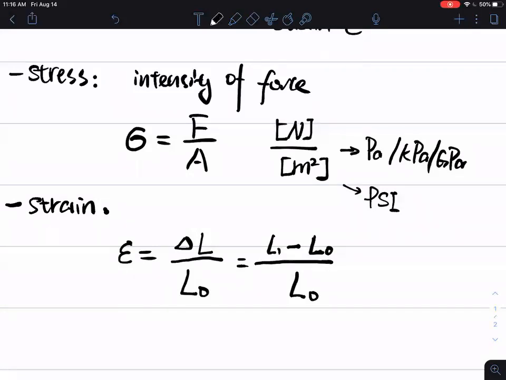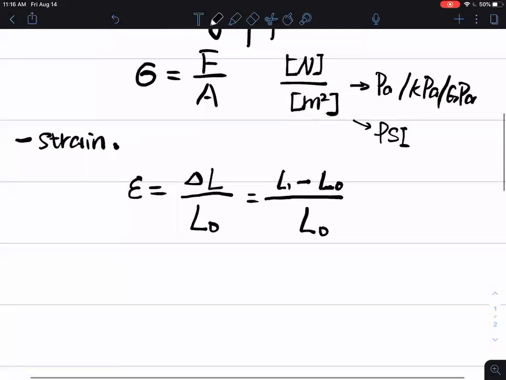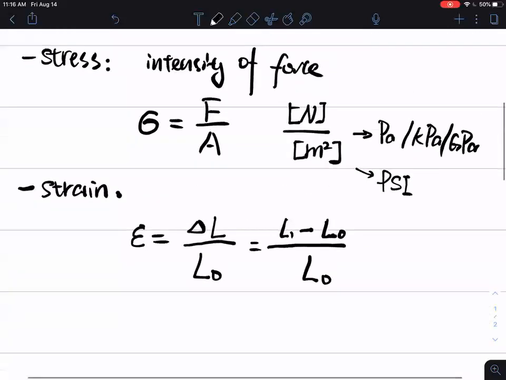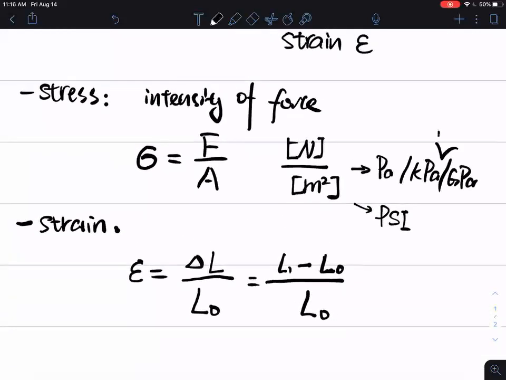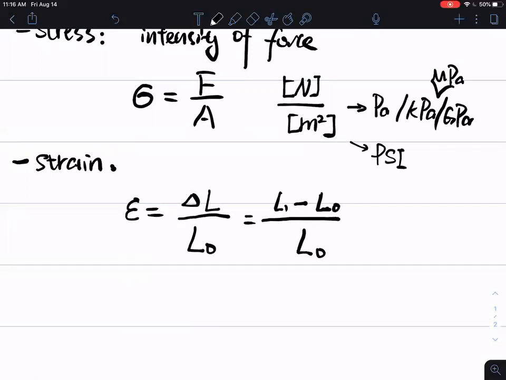But they're all units for stress. And sometimes you will see megapascal as well. All right, units for stress are not too bad.